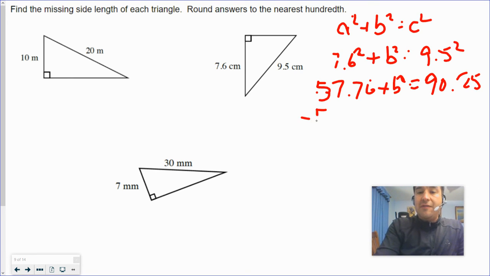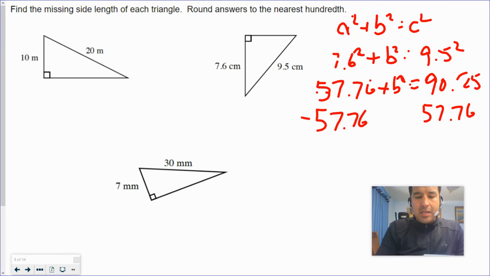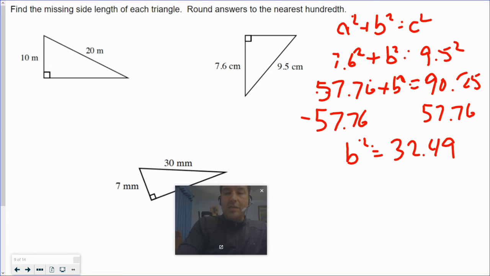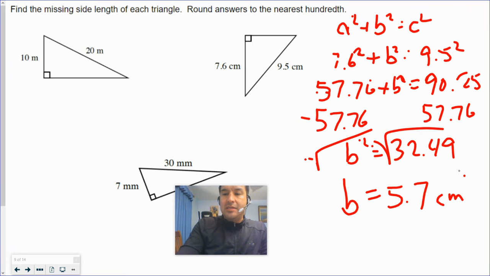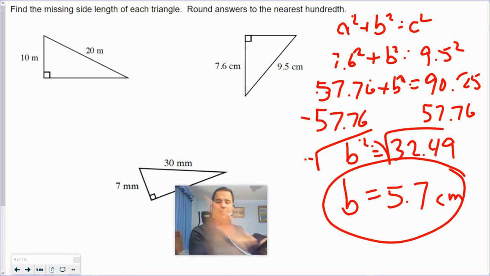Then I subtract 57 76/100. So 90 25/100 minus 57 76/100 gives me B squared equals 32 49/100. Then I square root both sides. And the square root of that is B equals 5 7/10 centimeters.